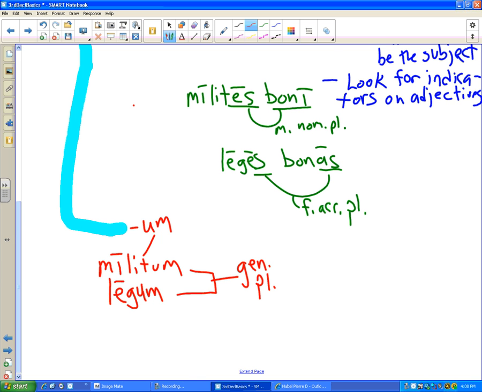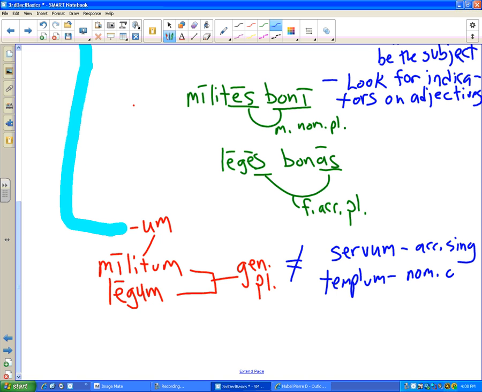But you have to think of these as being genitive and plural instead of what you used to think of the ending um. They do not equal the ending that you would see on servum, which would be accusative singular, or templum, which could be nominative or accusative singular.